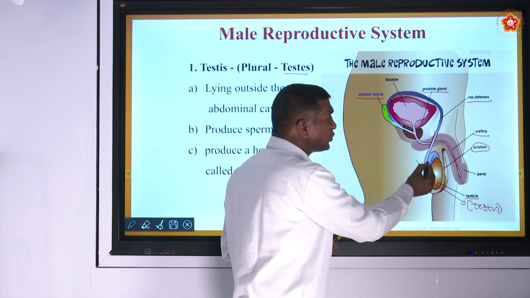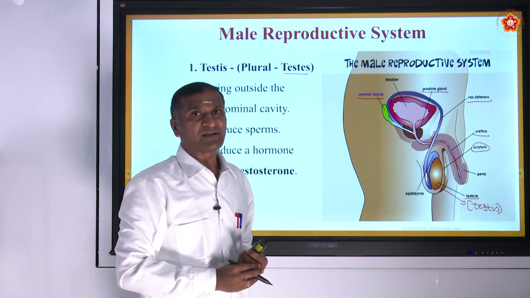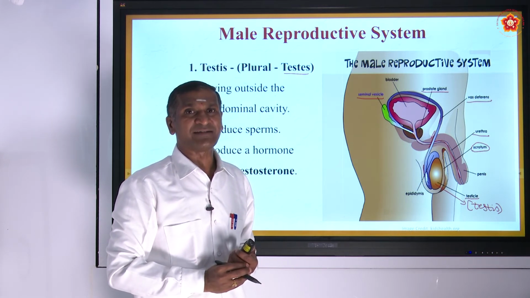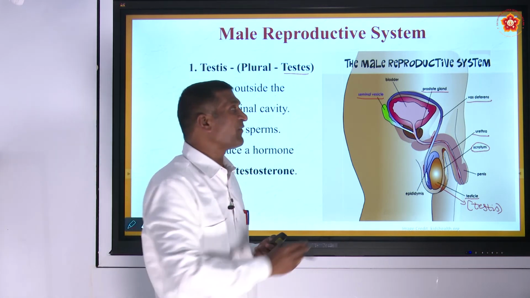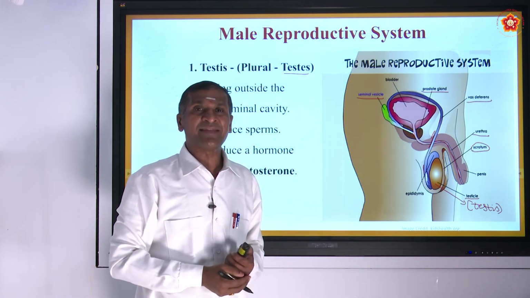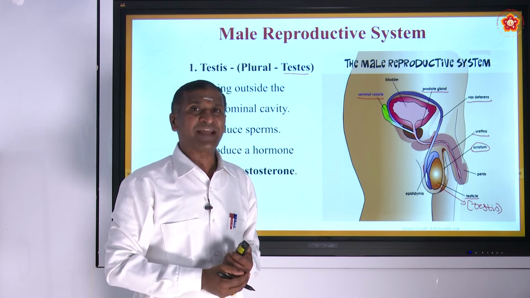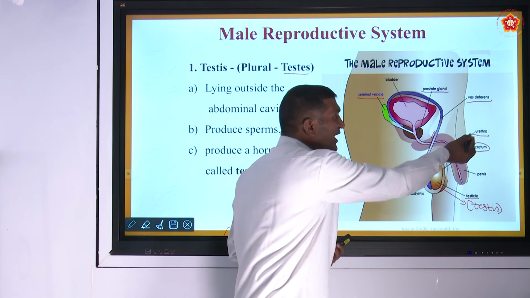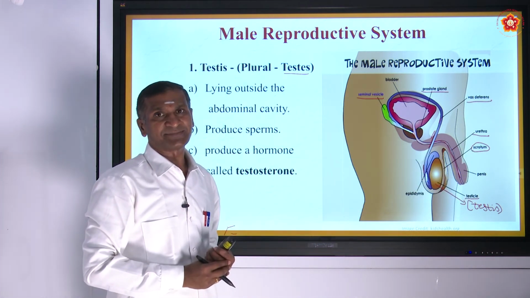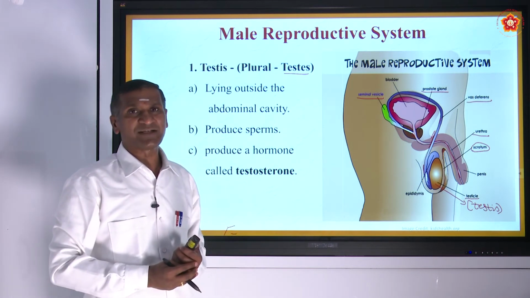Then it has a tube called the vas deferens which carries the sperms, and the sperms are nourished and liquefied with the help of seminal vesicles and prostate glands. Then they are carried through the urinary bladder, stored, and then carried through the urethra and ejaculated out through the penis. And the penis is a muscular organ.